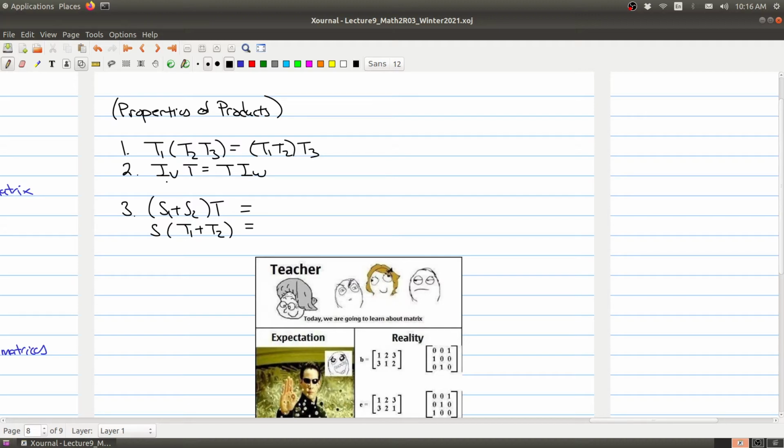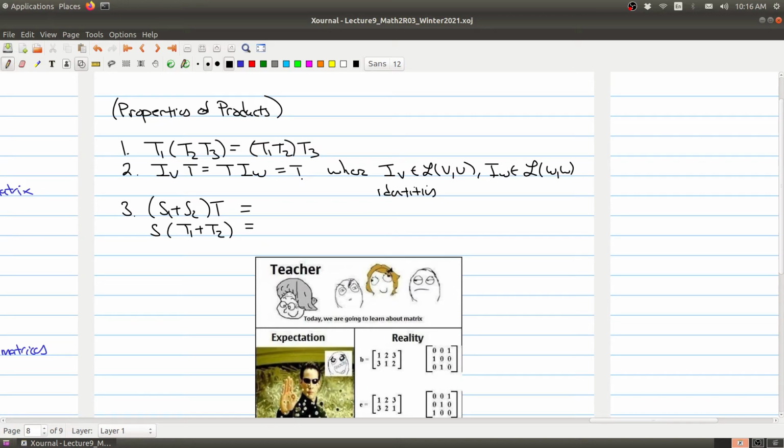Next, IV is the identity map on V, and IW is the identity map on W, and composing with them gives T. If I take a function T that goes from U to V and then stick it into the identity, it's the same thing as just doing T itself.